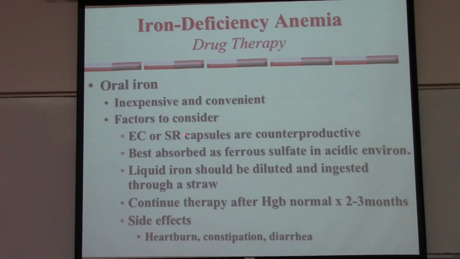It says right there, what do you know? Acidic environment promotes the best absorption of ferrous sulfate. Give me an example of how you can promote an acidic environment. Take your iron pill with orange juice. Take your iron pills with orange juice, yes ma'am. Anything else? Take it before meals. Yeah, take before meals, and don't take with antacids. Absolutely not with antacids.